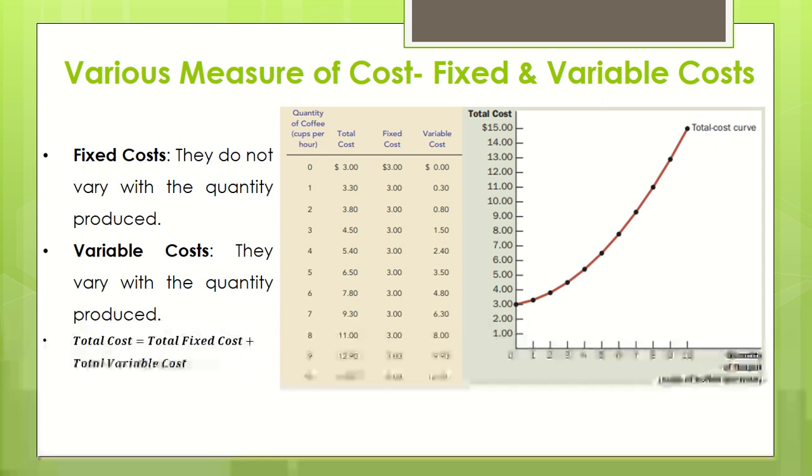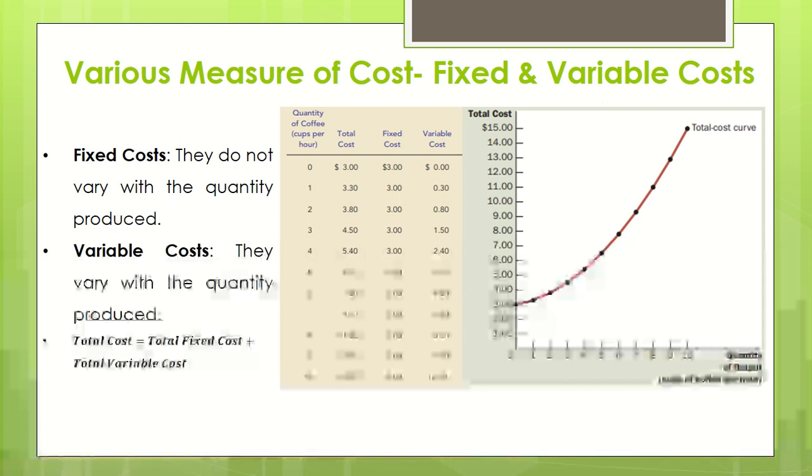Now we can say that fixed costs are those costs that do not vary. That means they do not change with the quantity produced, and variable costs are those costs that do vary. That means change with the quantity of output produced.